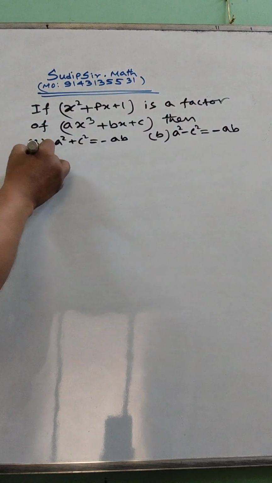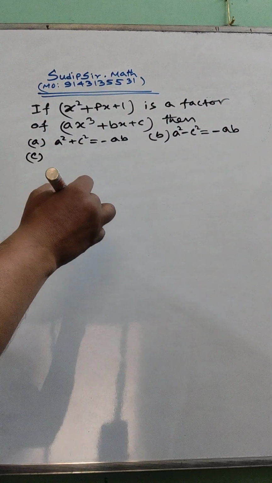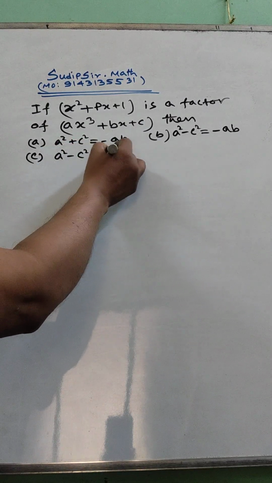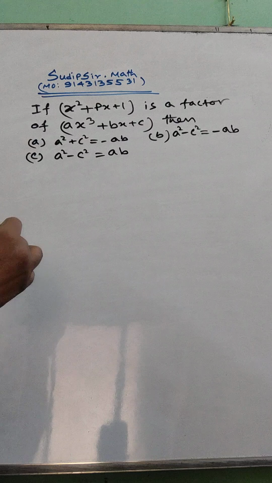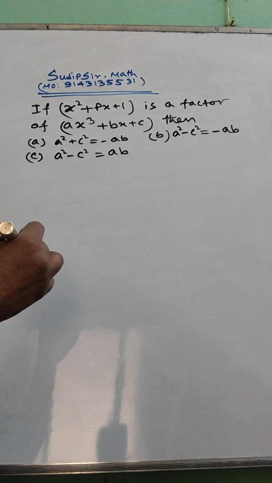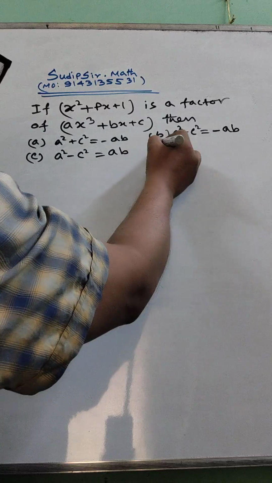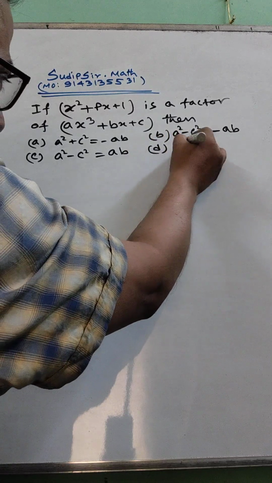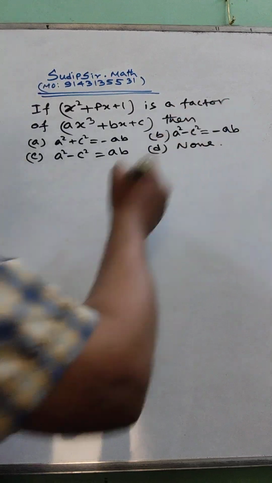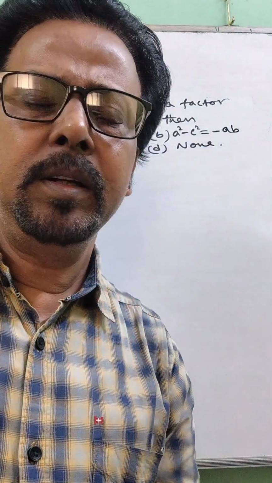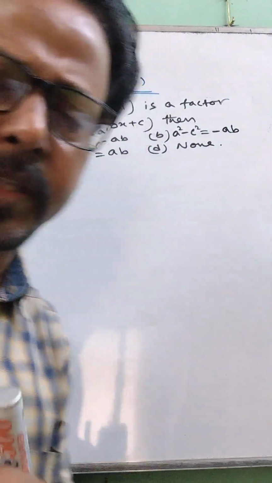C: a square minus c square equal to ab. D: none of this. So we have to find what will be the actual condition.